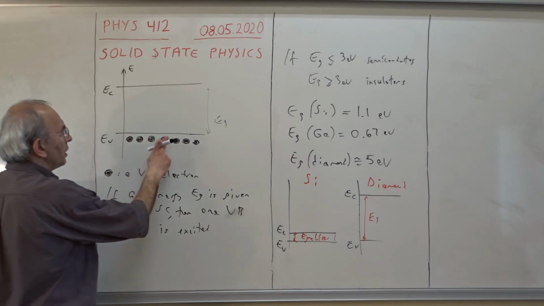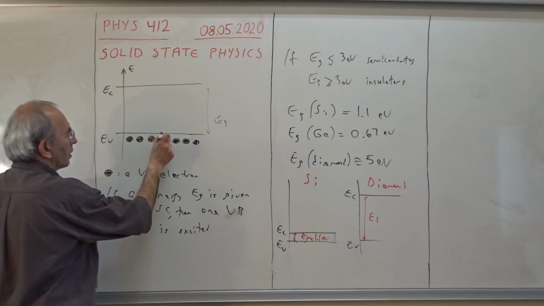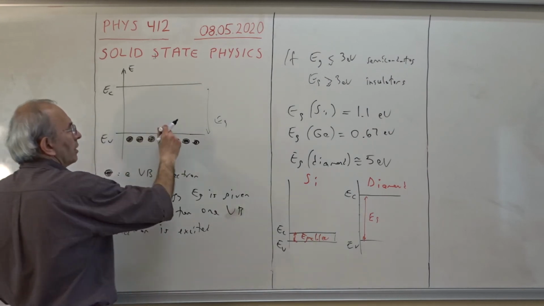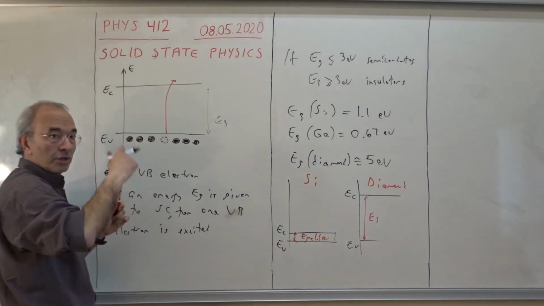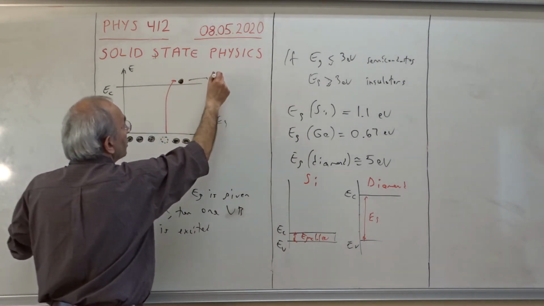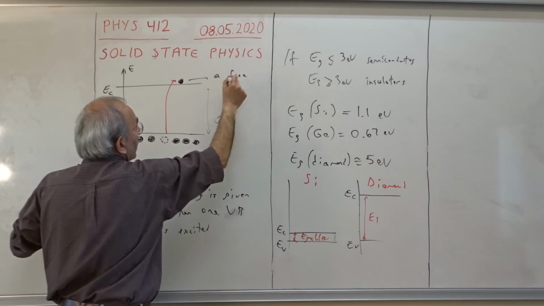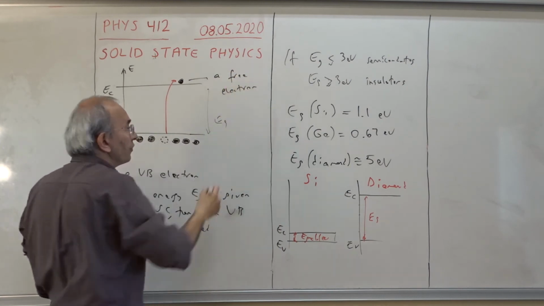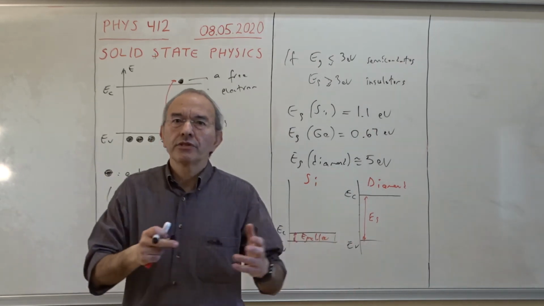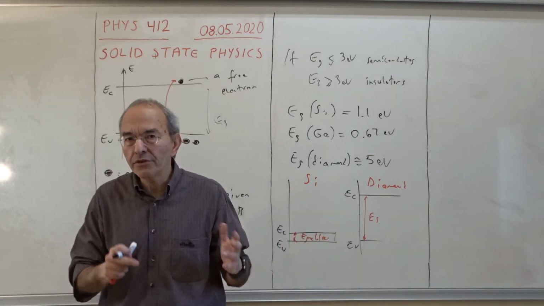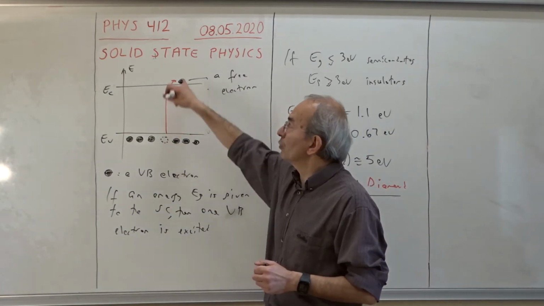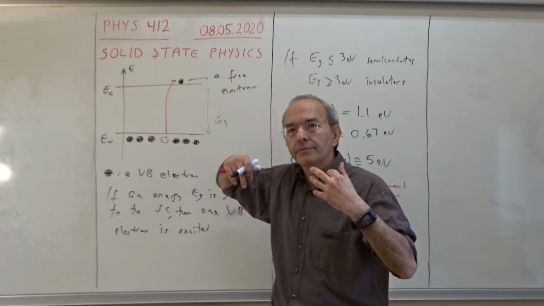For example here, there's an active place, and this electron is now excited to the upper band. Now it is somewhere here. So here it is a free electron, and it is ready to give some contribution to the conductivity of the sample. If you give some more heat, then maybe this one will also be excited, etc.